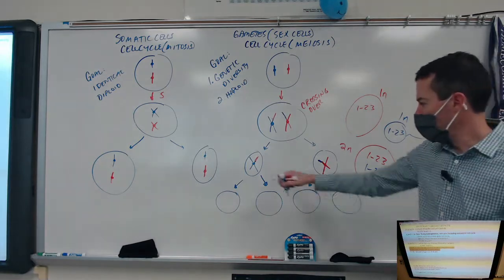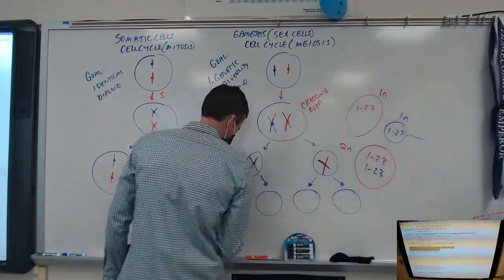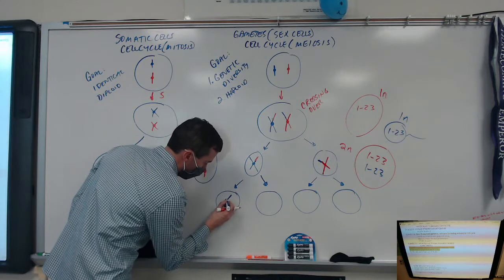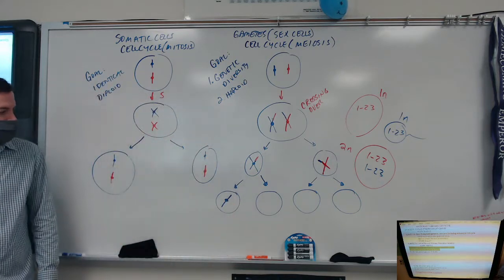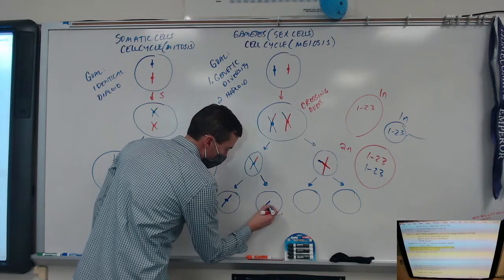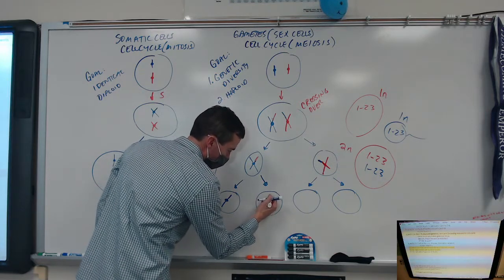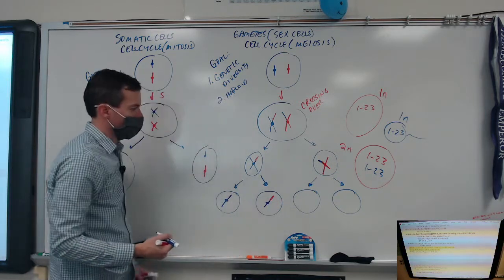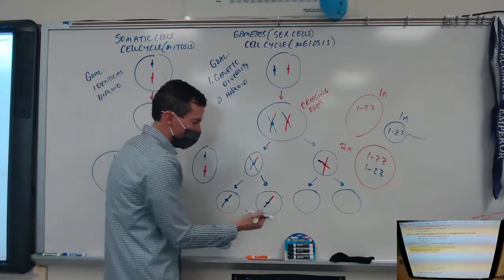Okay, so now I just split again. I got one kind of pure blue chromosome, and then I've got one over here that's mostly blue with a little bit of red. Over here I got one that's pure red.